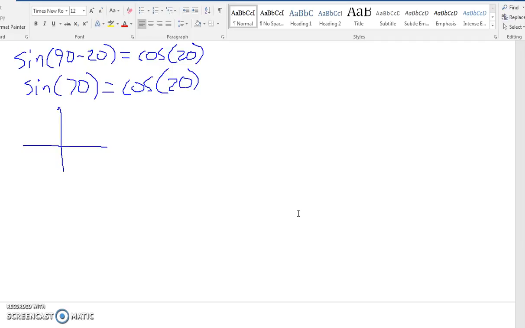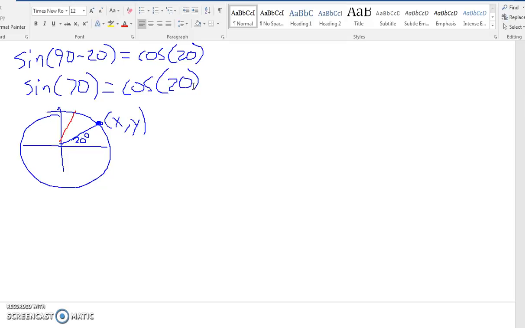On a unit circle, again, that has a radius of 1, what we're saying is at 20 degrees, wherever we're at right there, that's cosine of 20. That's this part right up here. That's the x value. So whatever we get for x right there, because cosine is equivalent to x, that's going to be the same thing that I have.